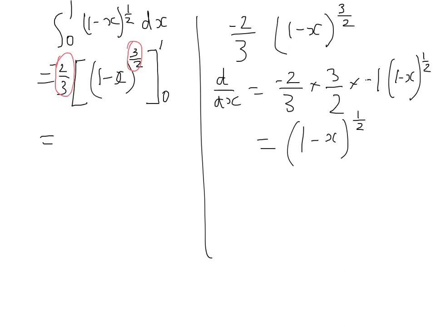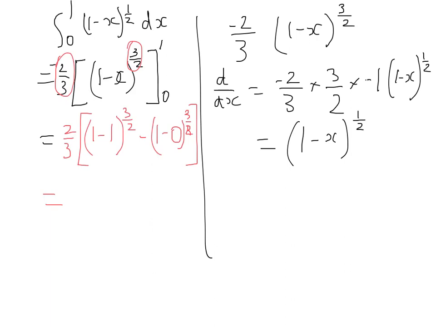If I go and substitute in there, my first one will be 2 over 3 outside of 1 minus 1 to the power of 3 over 2, minus 1 minus 0, all to the power of 3 on 2.